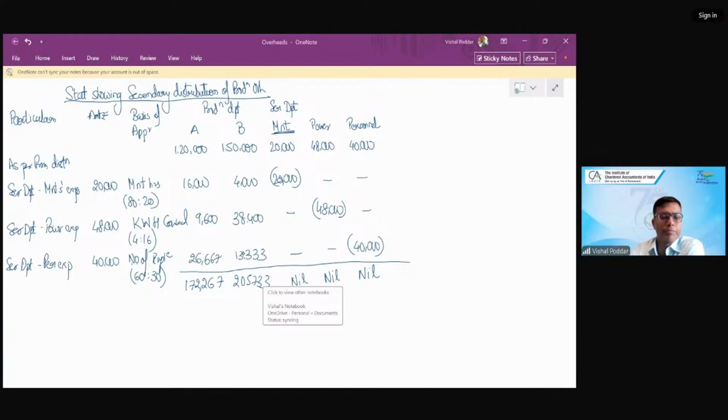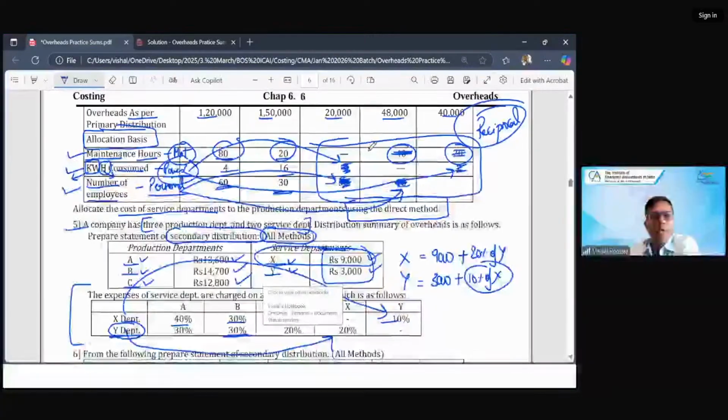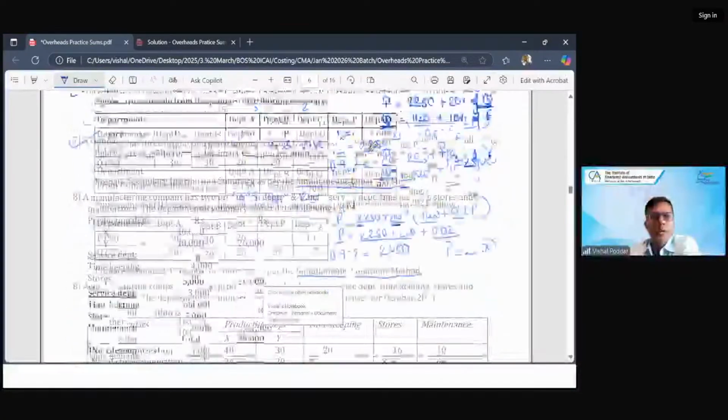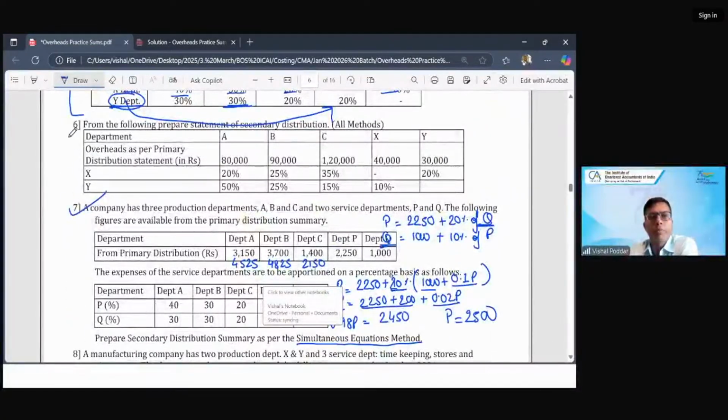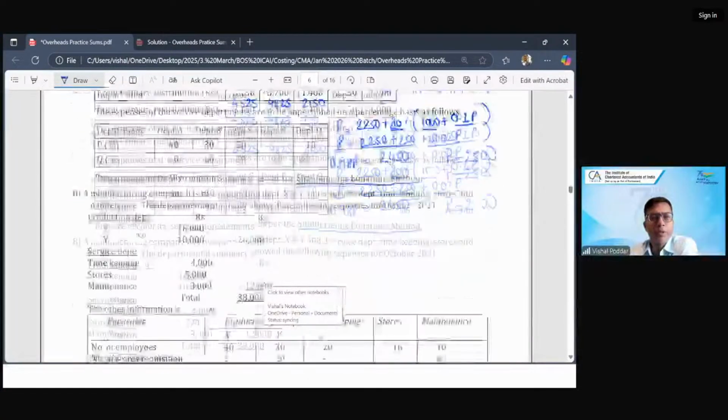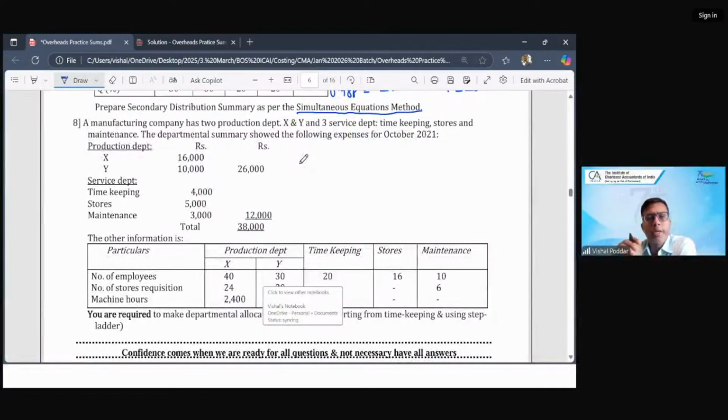Great. Let us proceed. So now we have got a flavor of how secondary is done. Now we have one more question, question number 6, which I have asked you to solve by all methods. Just as we solved question 5 by all methods, we'll solve 6. Question 8 is a question where you have to solve only secondary.